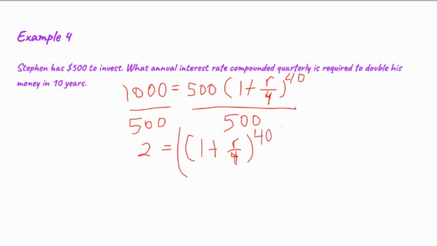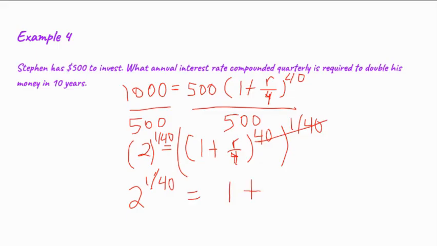And then we'll go ahead and take this to the exponent of 1 over 40. And right now, I think I'm just going to leave this as 2 to the power of 1 over 40, to give myself a better answer at the end. And so then these cancel out, and we're just left with 1 plus R divided by 4.